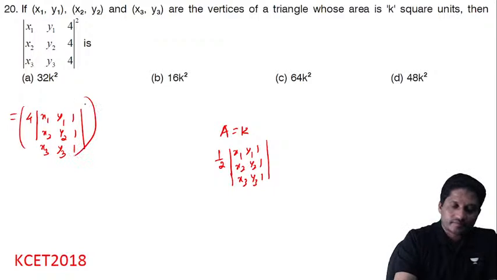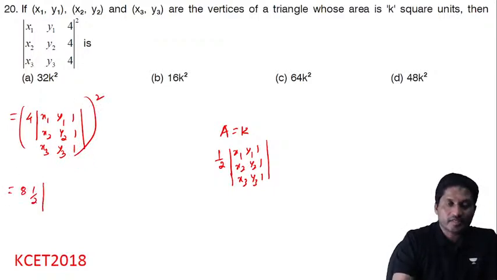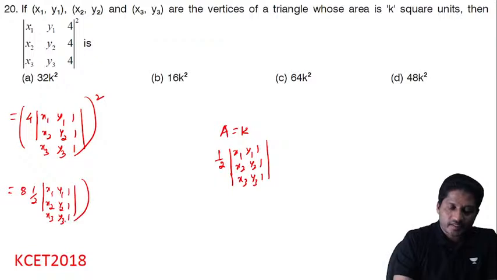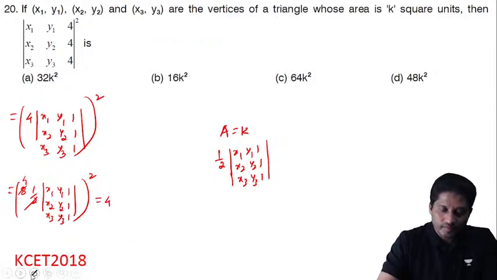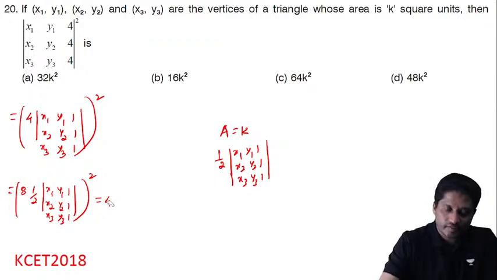The whole square. I can write this as 8 into half of the determinant, multiply and divide by 2. Half of the determinant of x1 y1 1, x2 y2 1, x3 y3 1, and then this is the whole square. To cancel 4 times, equal to 4 into, multiply and divide, half of the determinant the whole square.